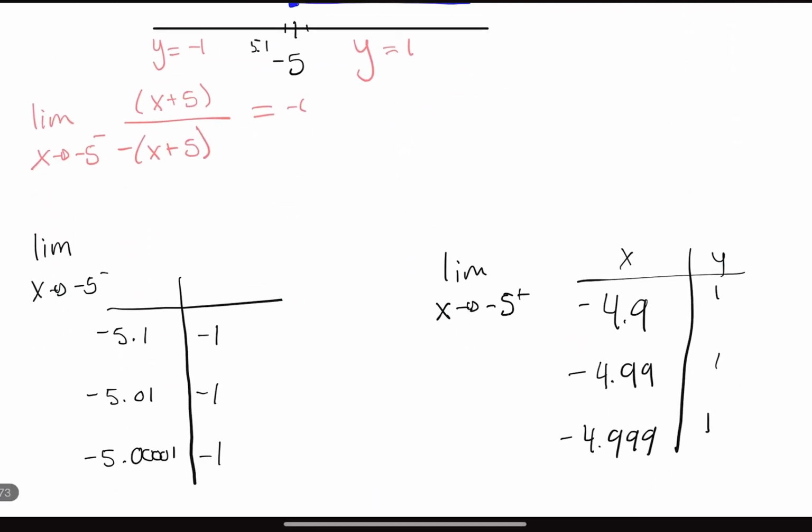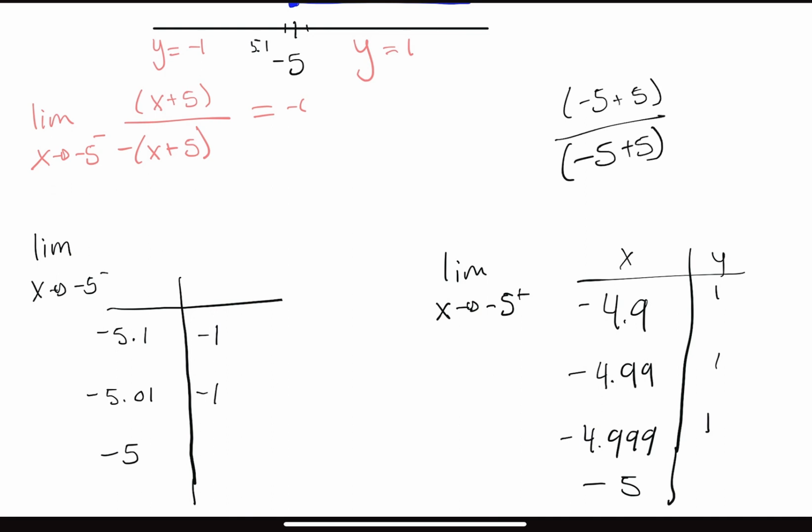So we're going to check the value of -5 to make sure that's a valid equation that we're using. So when we're coming in from the right, if we plug in -5, we'd have -5 plus 5 over -5 plus 5. Well, in this form, we end up having 0 over 0, which is undefined.